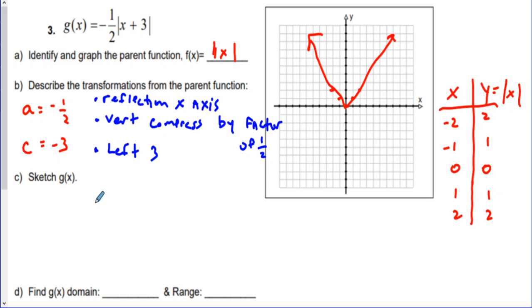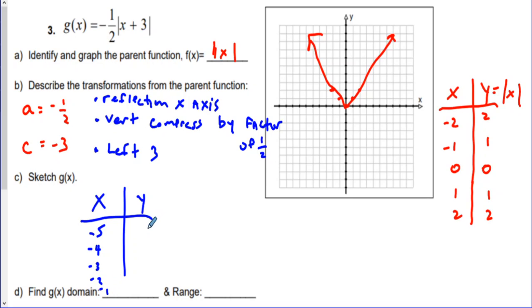So the nice thing is with my XY table, I can do each of them, one on the X side, right? C does the X side and A does the Y side. So I'm going to just be able to do it in one chart. So if I take all of my BCADs and I say, let's add -3 to all of the X's, that's going to make it -5, -4, -3, -2, and -1.